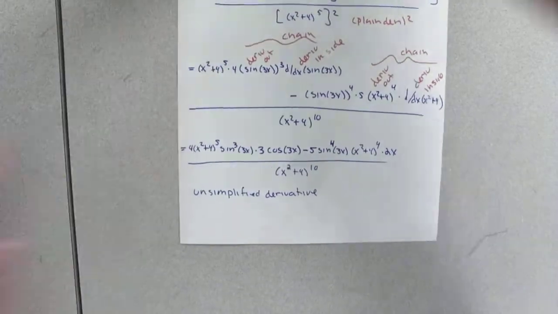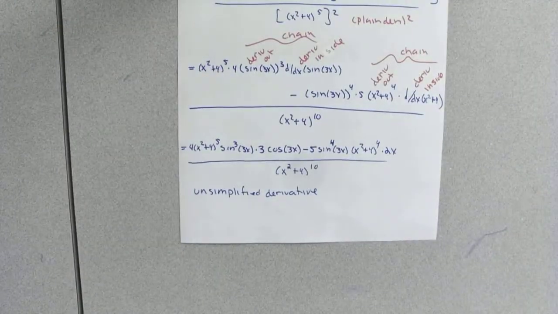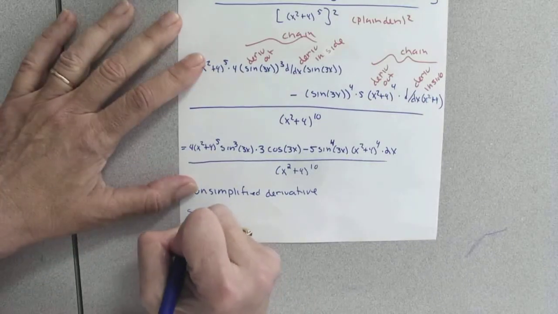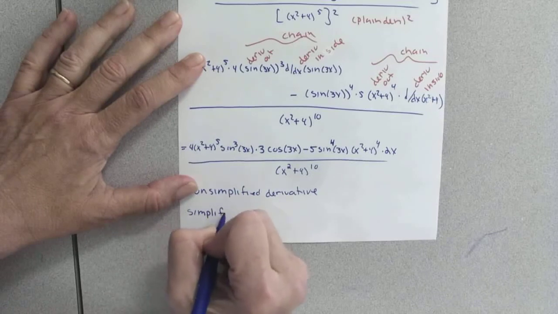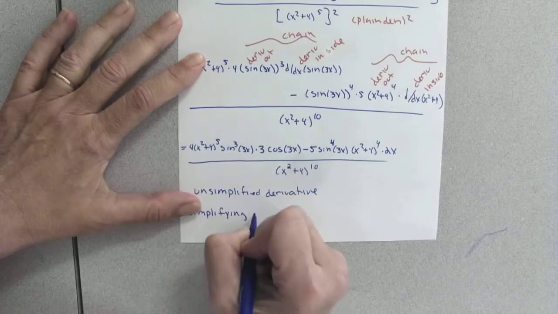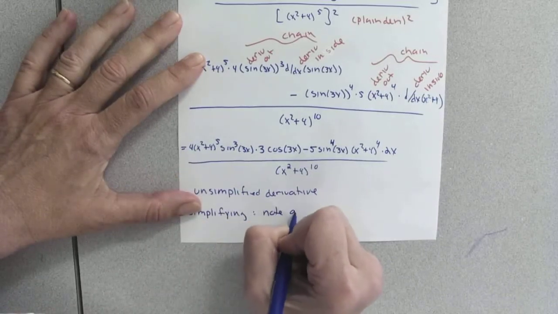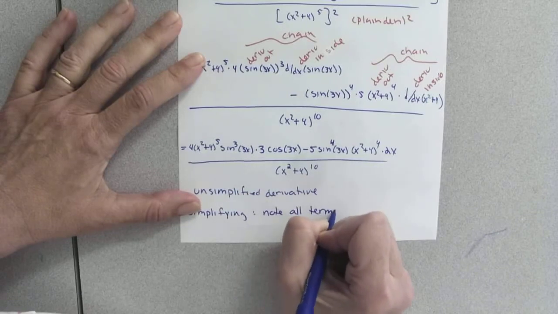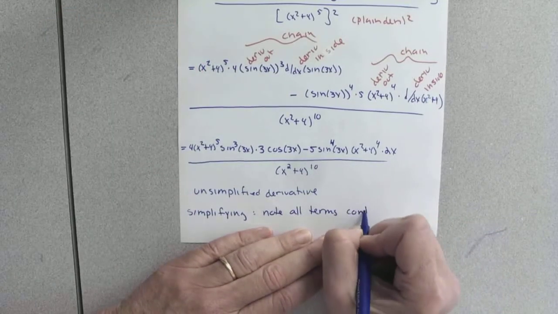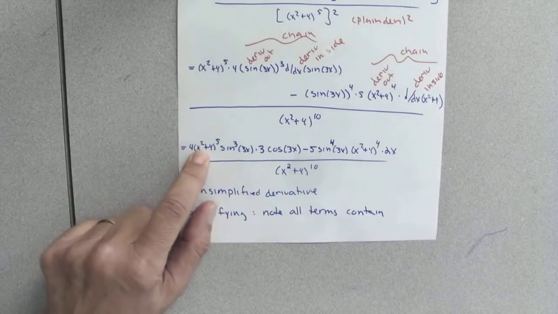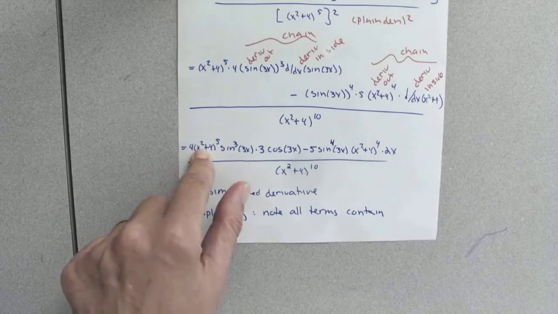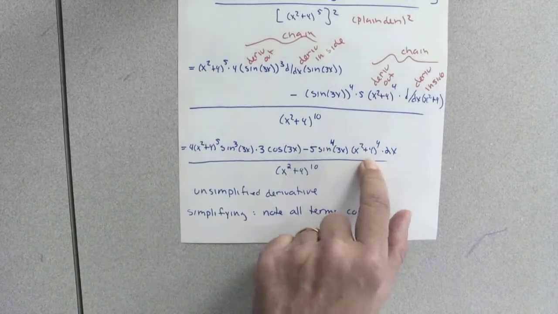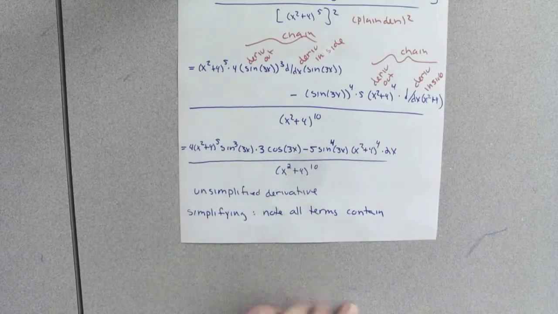Okay, simplifying. Here's 1 time where you are going to get to cancel. Note, all terms contain x squared plus 4 to the 5th, x squared plus 4 to the 4th, x squared plus 4 to the 10th.